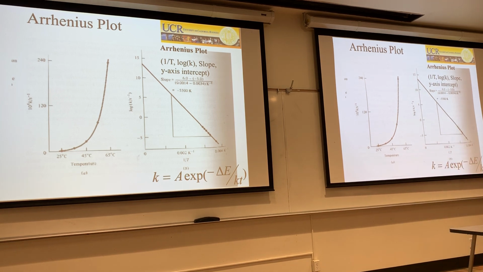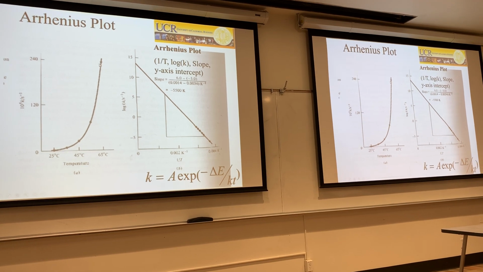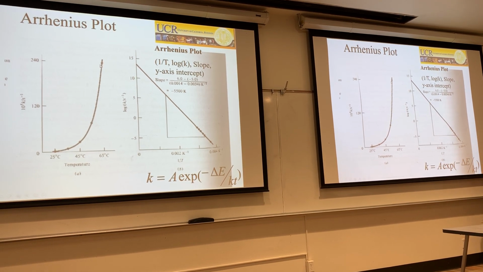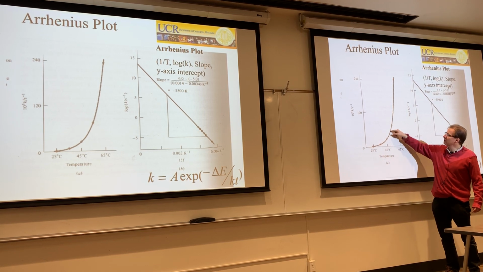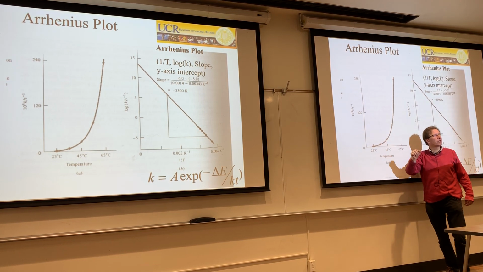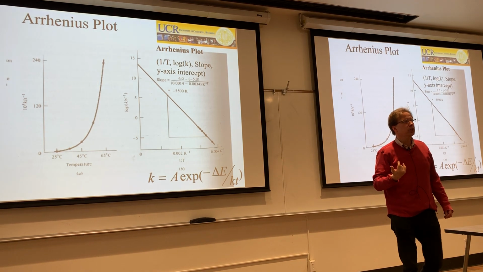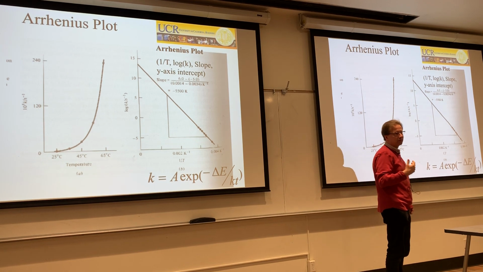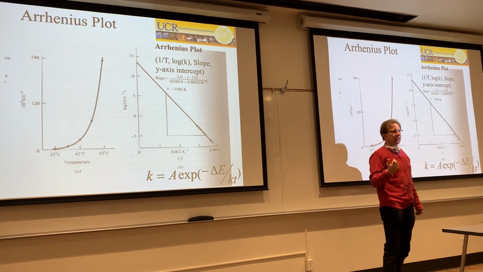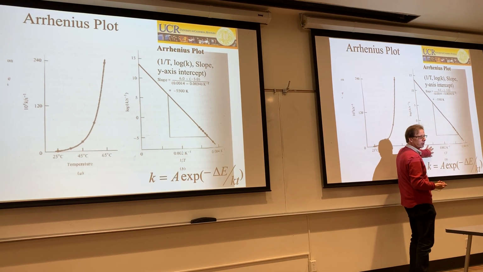It looks like an exponential function. But from the shape of the curve, it is hard to guess what the A value is, what the pre-exponential factor is, and what the barrier is. So it's really mandatory. Everybody plots those kinds of things in an Arrhenius plot.